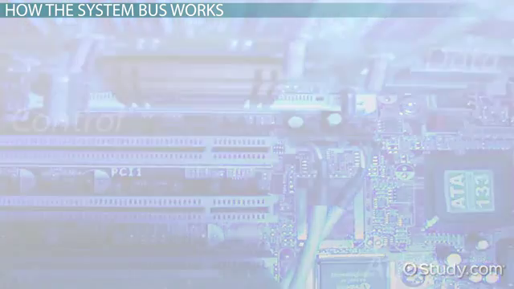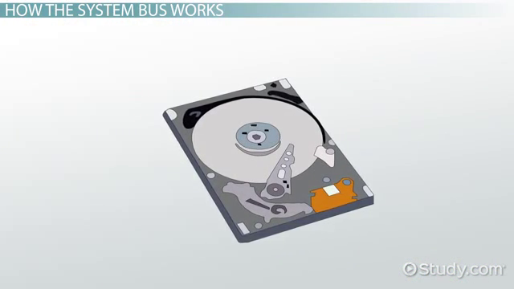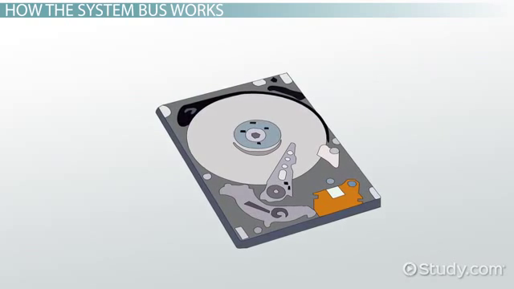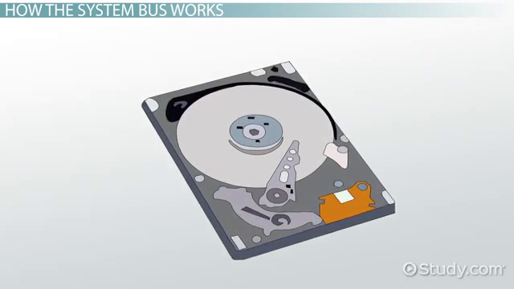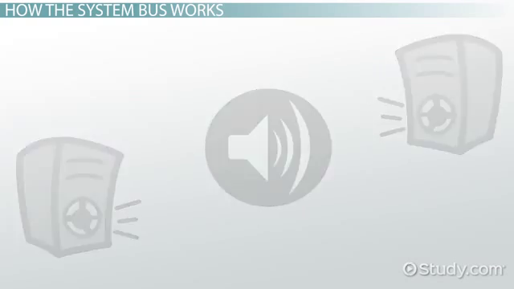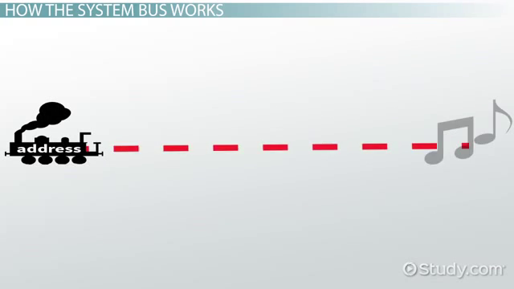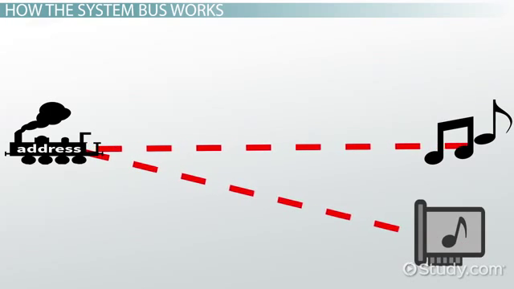Here's an example. Say you want to listen to a song which is on your disk drive. That song is stored as data on that device. Somehow, that data has to get to a device in your computer that knows how to turn it into sound, and then play that on your speakers. So we specify the address of the MP3 file on the disk and the address of the sound card using the address bus.